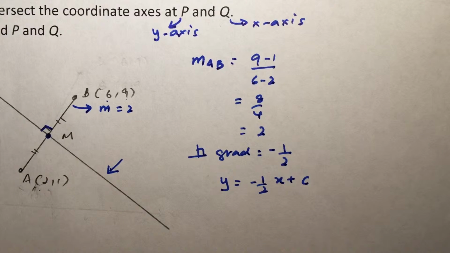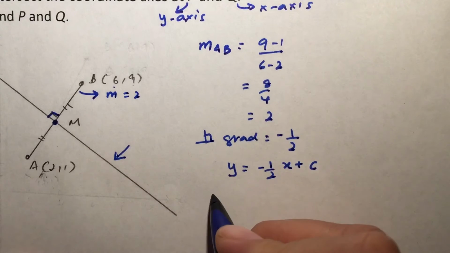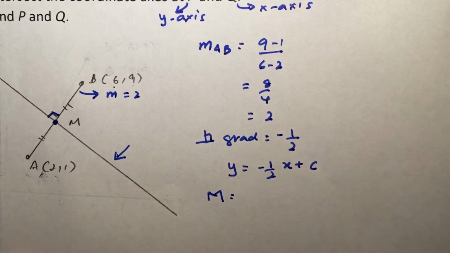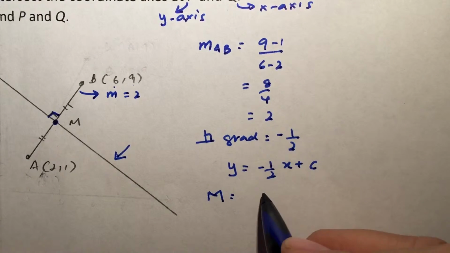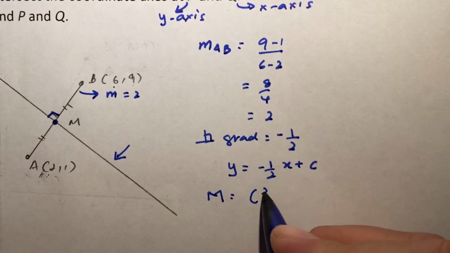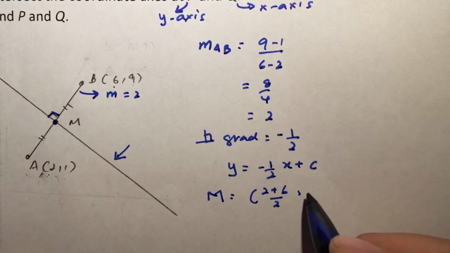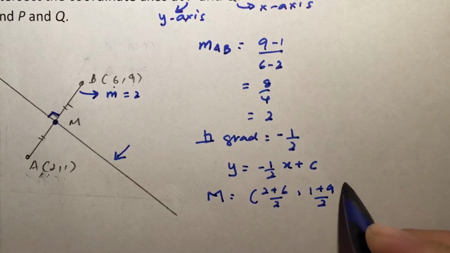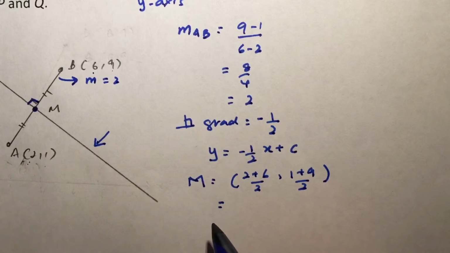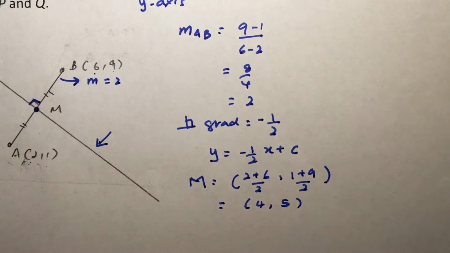So now I need to find the y-intercept. I need a coordinate, which is going to be the midpoint here. So which means that I need to find my midpoint as well. Similar to the previous example, I have x1 plus x2 divided by 2, y1 plus y2 divided by 2. And my midpoint will be 4, 5.